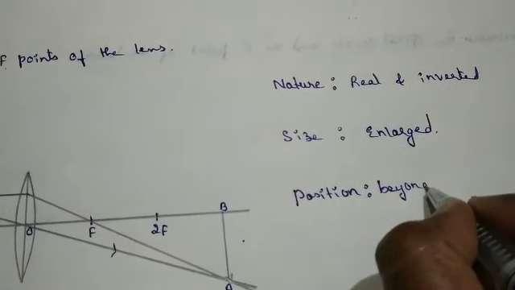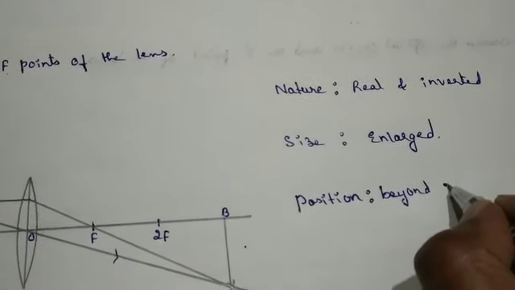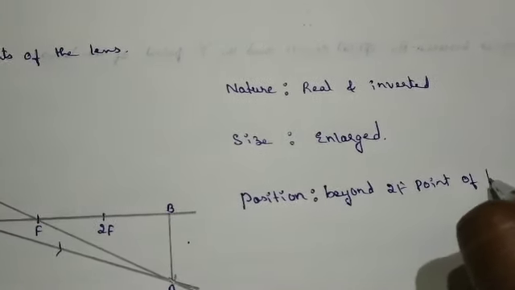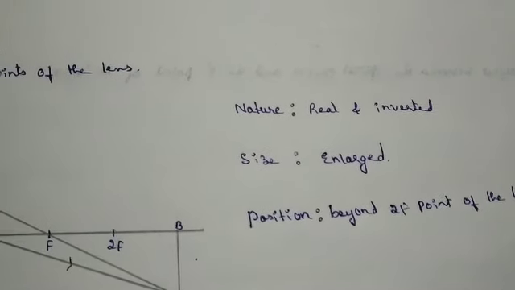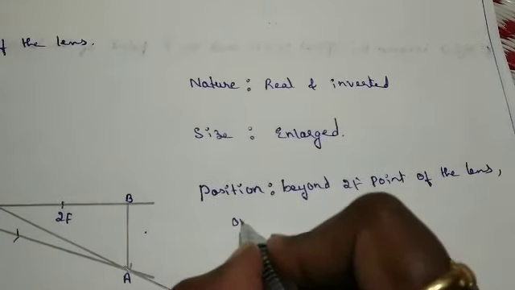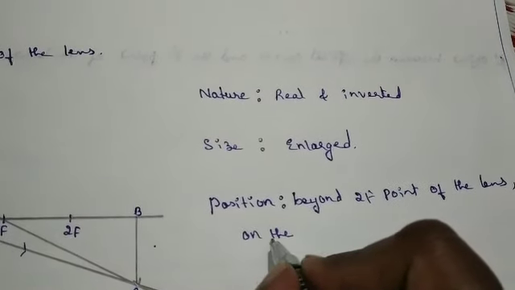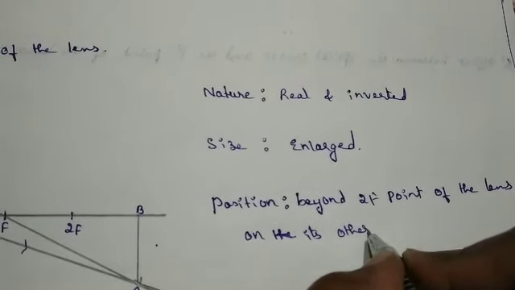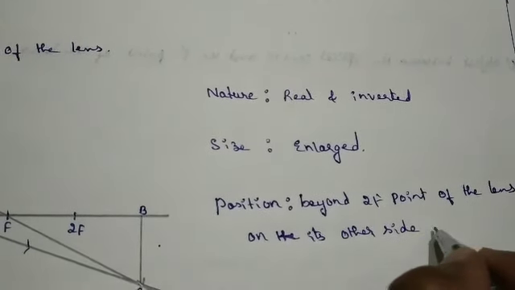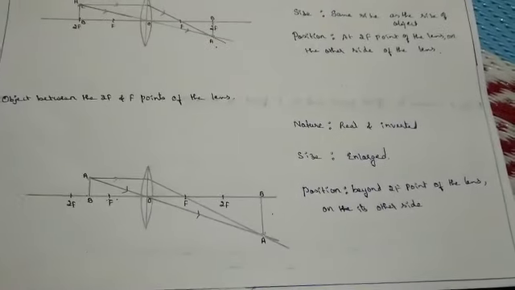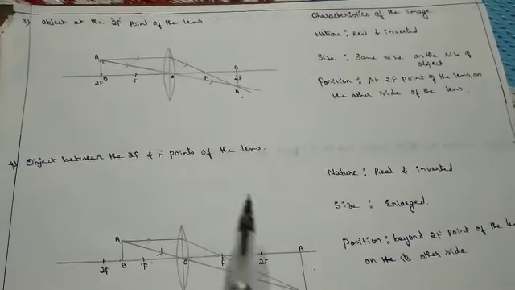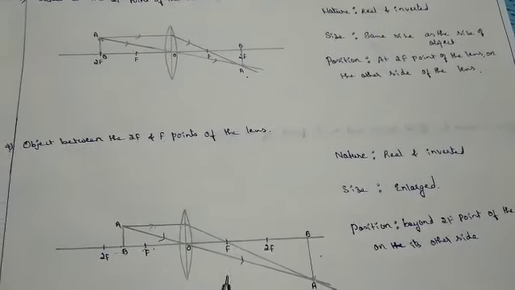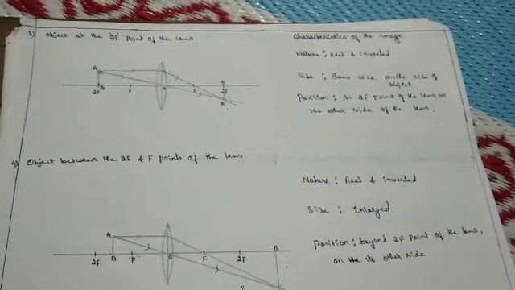Beyond 2F point of the lens, on its other side. This is how the image is formed when the object is placed between F and 2F. So we'll move to the fifth case.